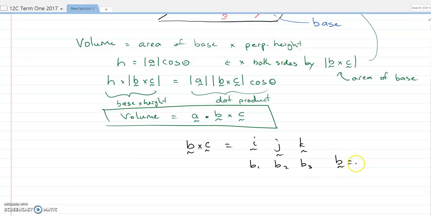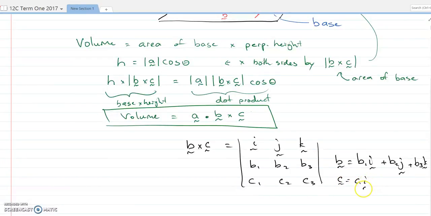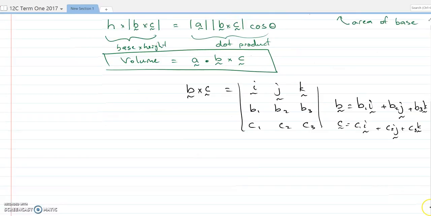This is assuming that we've got our i values B1, our j values B2, and our k value B3, and so on, and C1, C2, C3, same thing. Alright, so now we have to do the dot product of A with this.